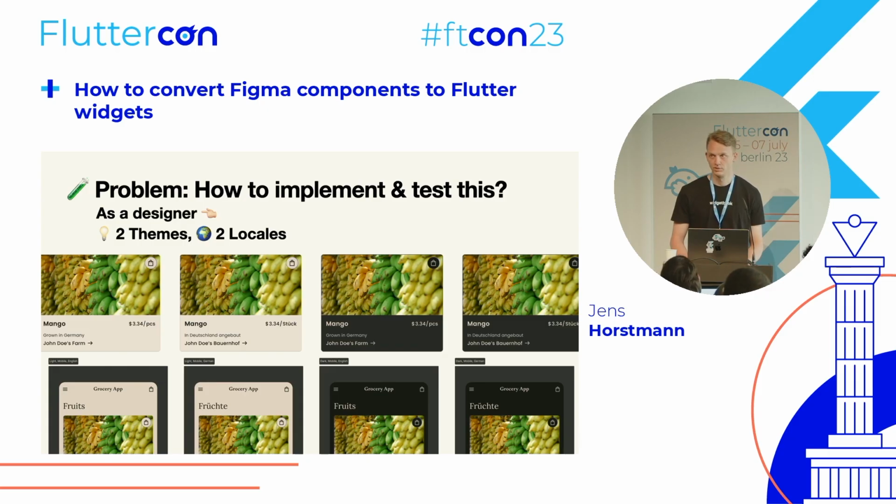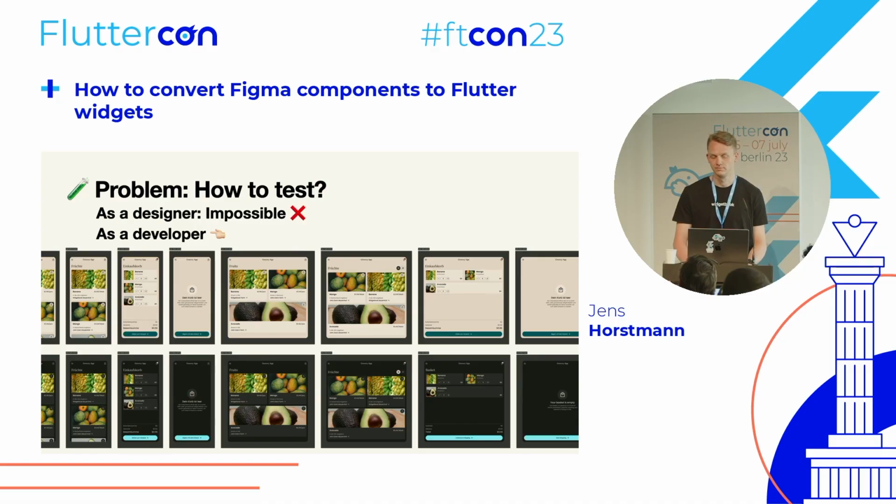And then you build more complex pages from those. If you want to support these 2 themes and locales for the screens as well, it gets complex quite quickly. It's hard to maintain, also hard to scale when we want even more locales than this. So this approach has been quite impossible for the designer.